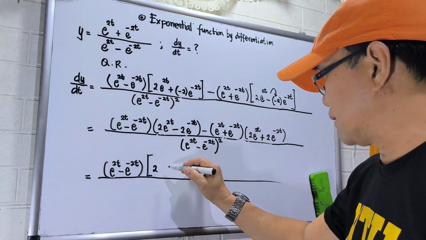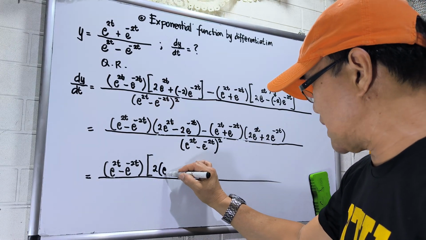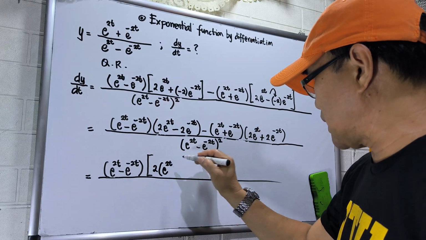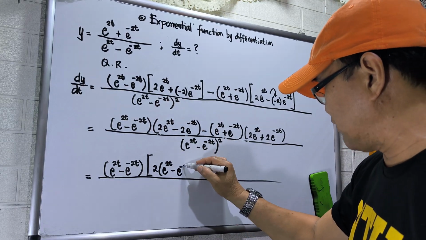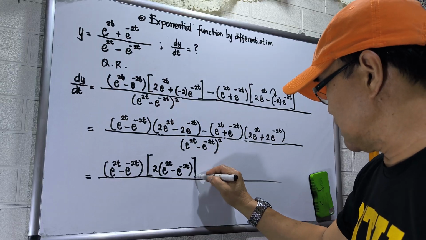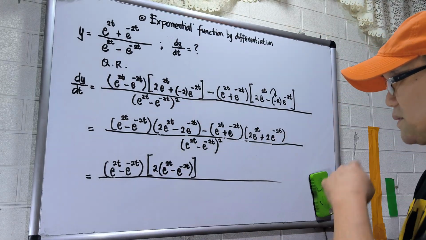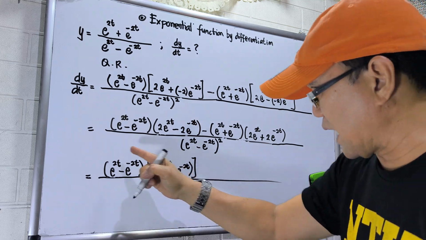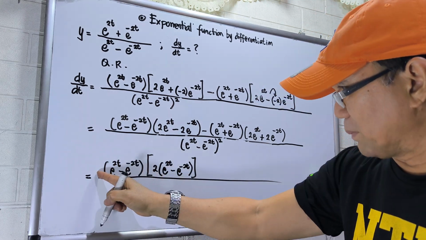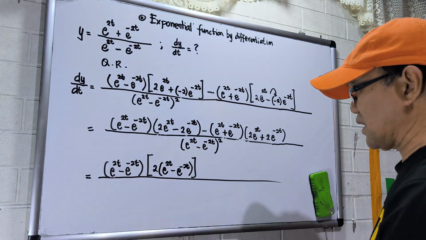The 2 will be outside. So this will be (e raised to the 2t positive, then minus e raised to the negative 2t). For the meantime, I will use square brackets. Later, I will change that one. I will remove the square brackets and place the 2 first before the circle brackets.